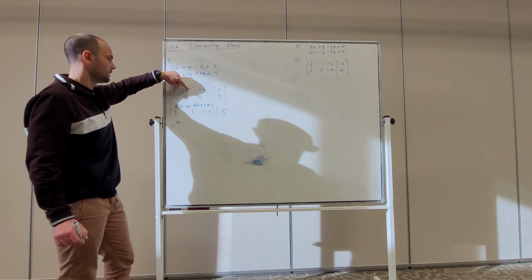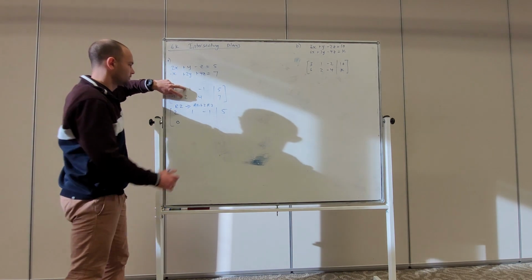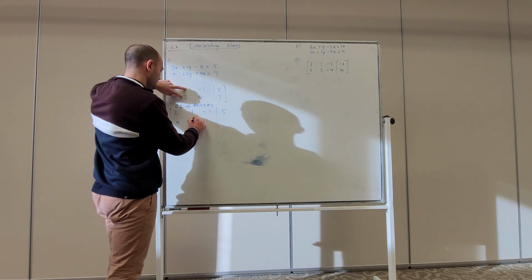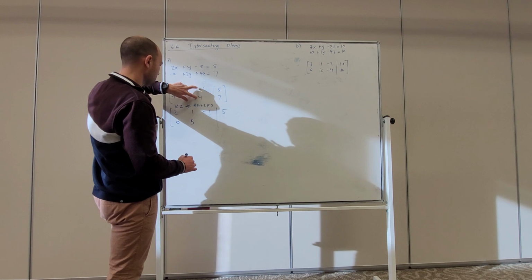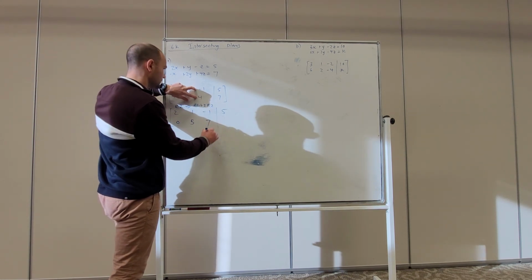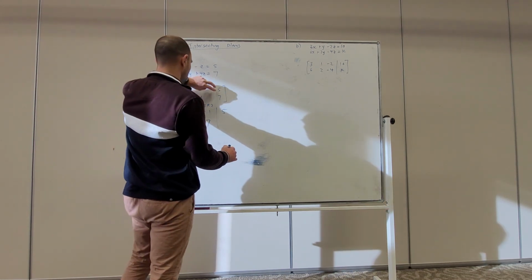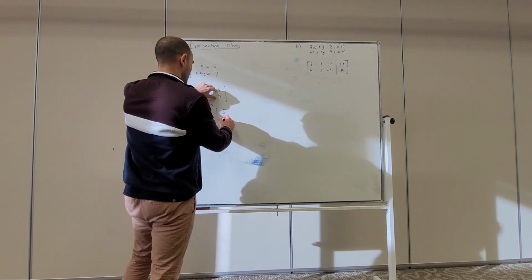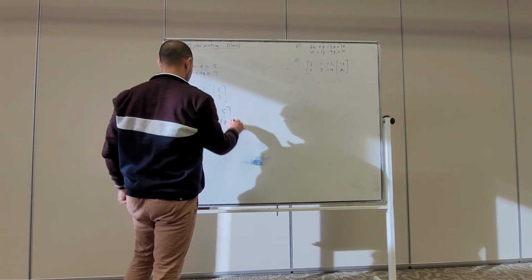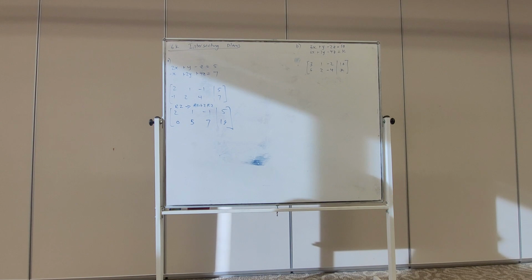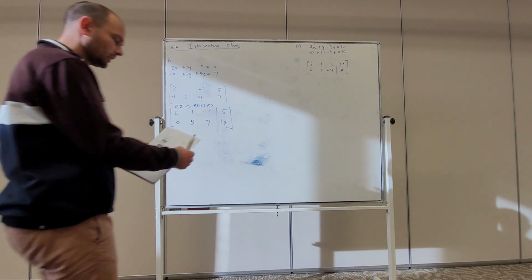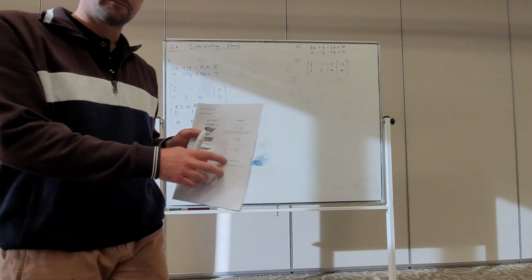I'm going to have 1 plus 4, gives me 5, and minus 1 plus 8 will give me 7, and 5 plus 14 will give me 19.